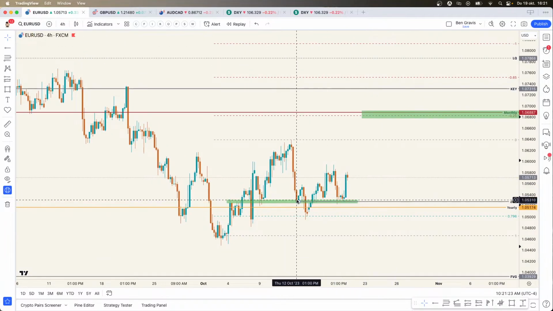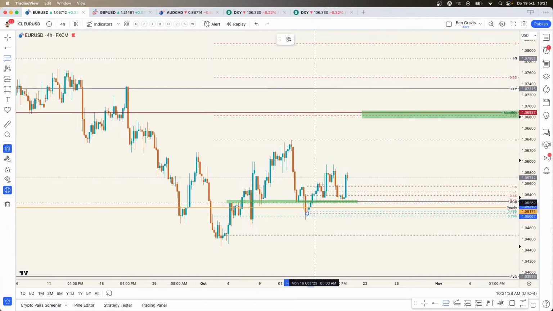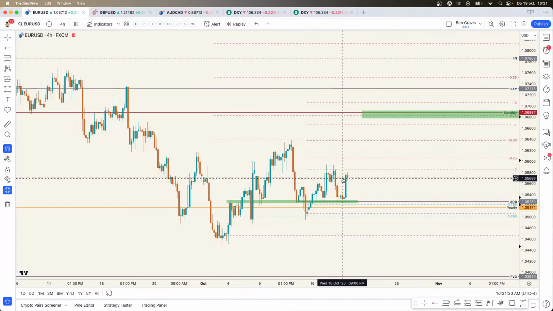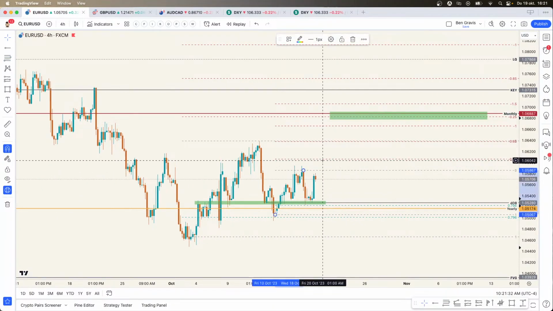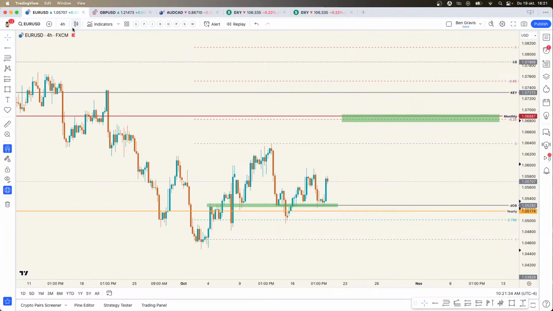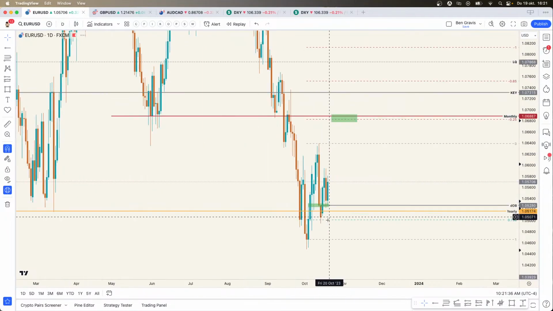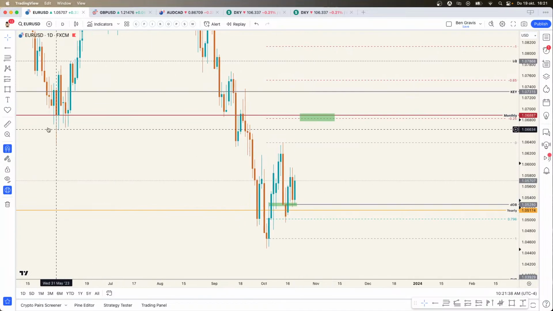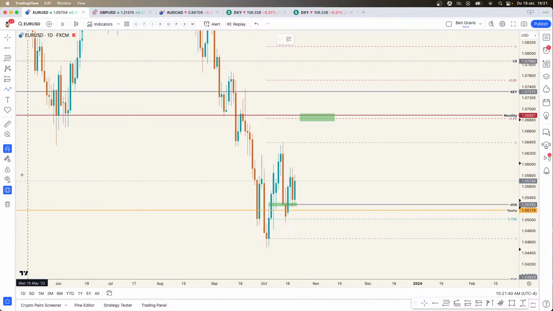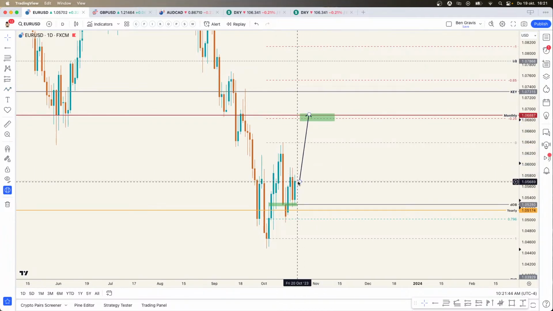And here as well, we have the left shoulder, the head, and then the same setup over here. So now what I expect on the daily is a powerful move higher. So that's what I need.